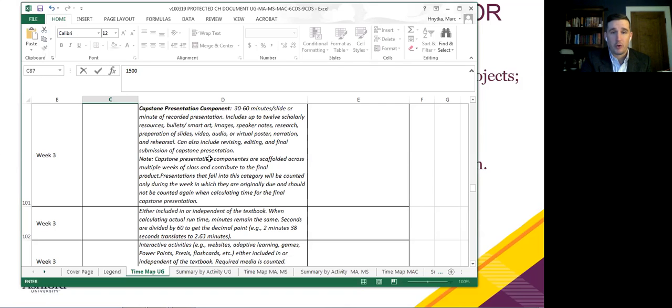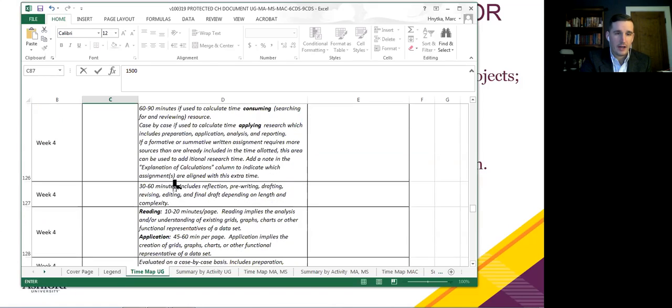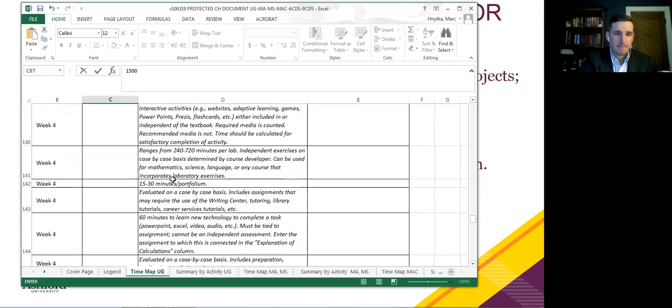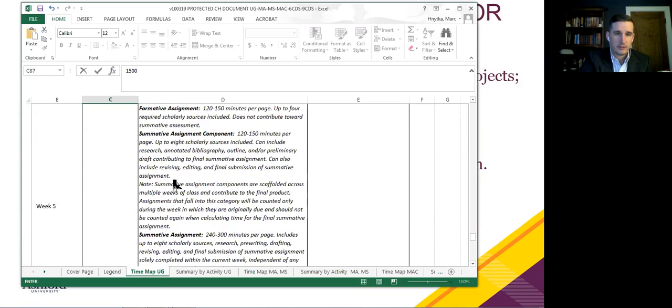And perhaps you have both a written and a presentation component, and you can certainly put that in using the corresponding minutes per slide. These things are not mutually exclusive. They can be used together. And then in week 5, there is no longer a component.